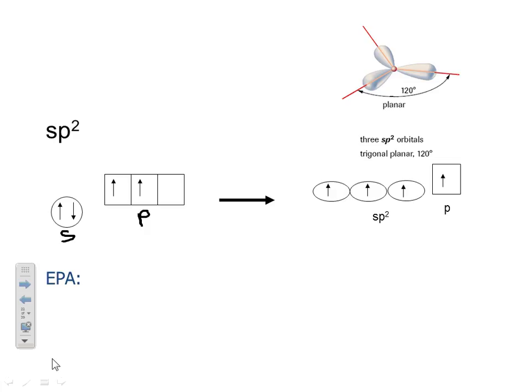And so if only 3 orbitals are needed, it turns out that we have this sp2 hybridization. Notice in sp2 hybridization, an s and a p means that 3 identical orbitals are formed, and therefore you can see 1, 2, 3 sp2 orbitals, but a p orbital is not hybridized and still exists, and we need to indicate that.